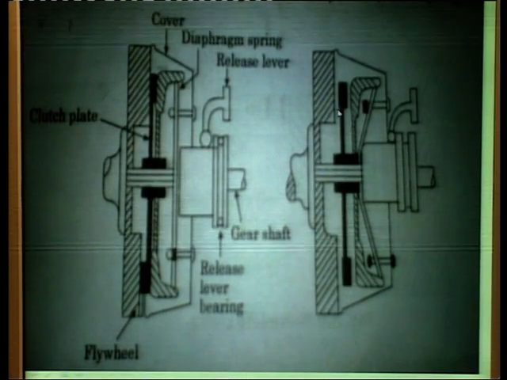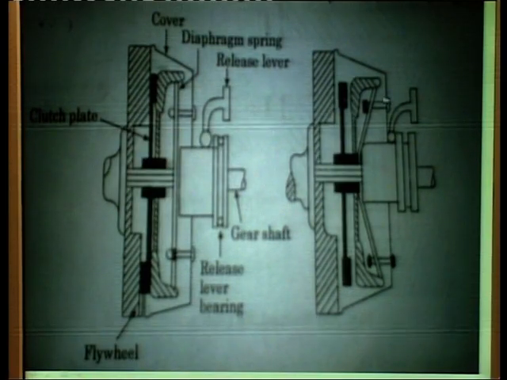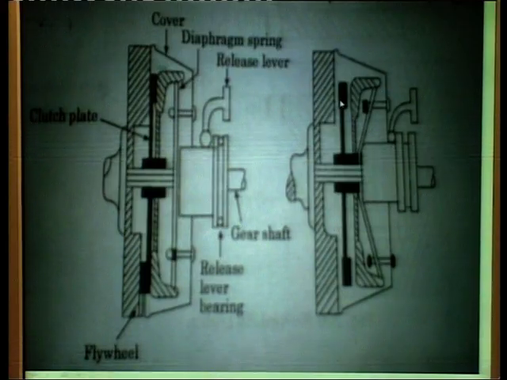Here there is a gap between the flywheel and the clutch plate. This one gap, and this one gap. This is the pressure plate. This is the disengaged position. These two figures clearly explain the engaged position and disengaged position.